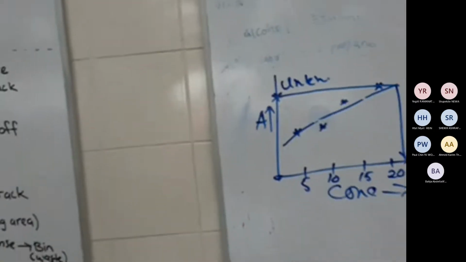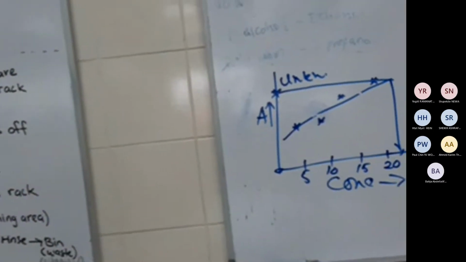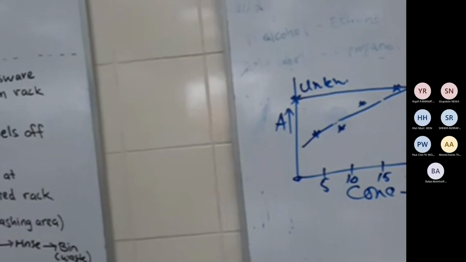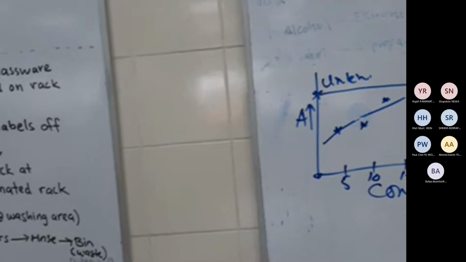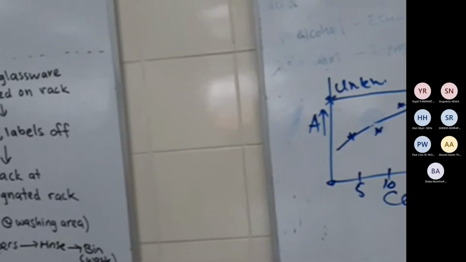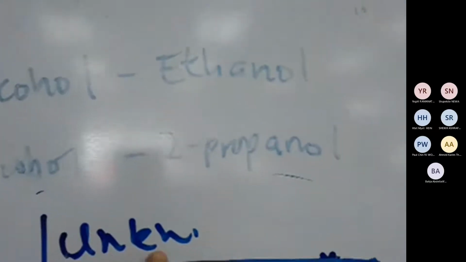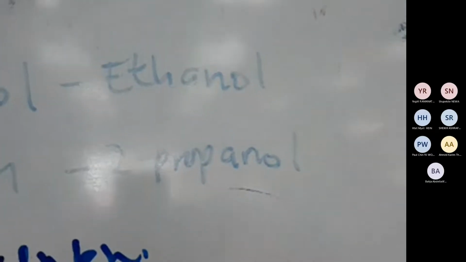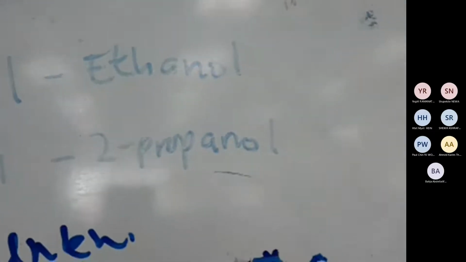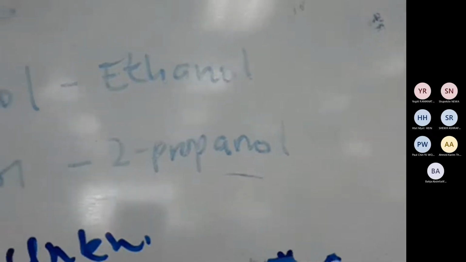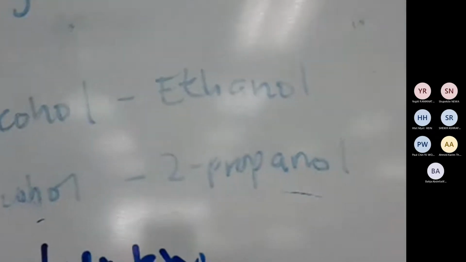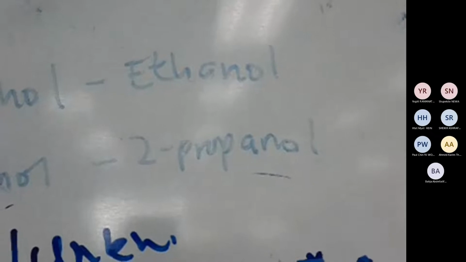Is this acceptable? Why? It's not within the range that I have taken, right? So let's say I just use a little trick of drawing it here. I bring it within the curve and I find the unknown here, right?